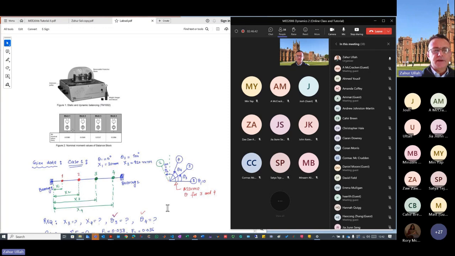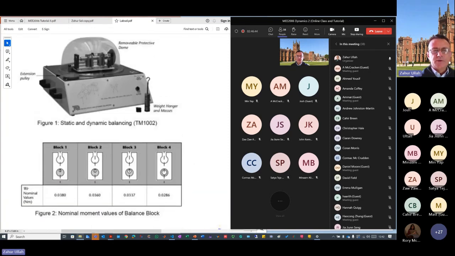As you can see, in this case you have this machine here, and you are given these 4 masses. For each block, you have these 4 blocks, and the blocks are different. The hole is different in each block.